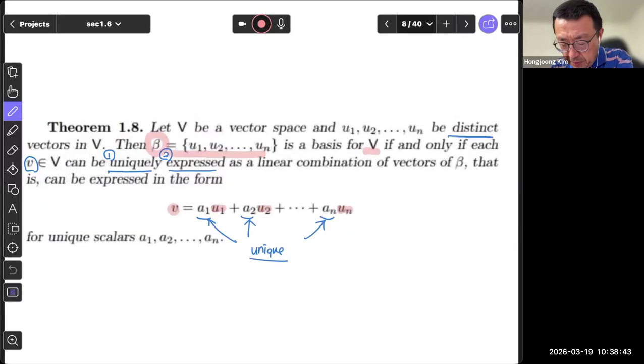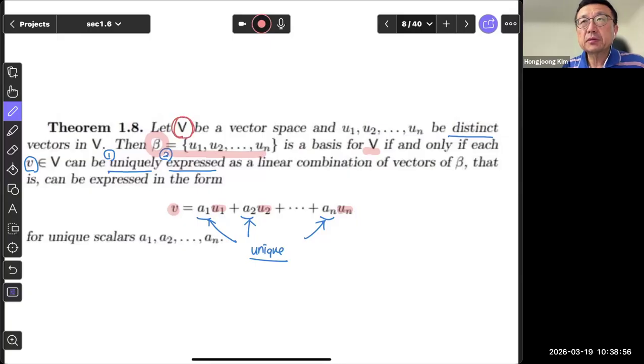Okay, so as I said, one very important usage of a basis is that given any vector space, if I consider any basis, then for any vector v in this space, we can find some numbers a1, a2 up to an, such that this v can be described as a linear combination of those vectors in this beta, using those a1 up to an as the weights.